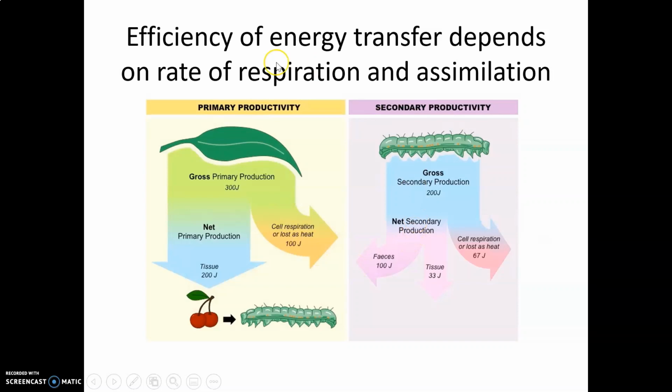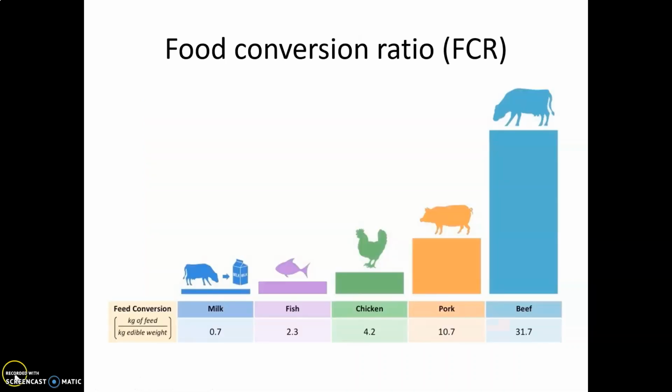But before I do this, I just want you to again have this picture in the back of your mind, right? That the amount of energy eaten is this. In this case, by the caterpillar, 200 joules of energy. And some of that is lost in the form of feces, some is lost as heat in cellular respiration, and only a small part of it is actually converted into biomass.